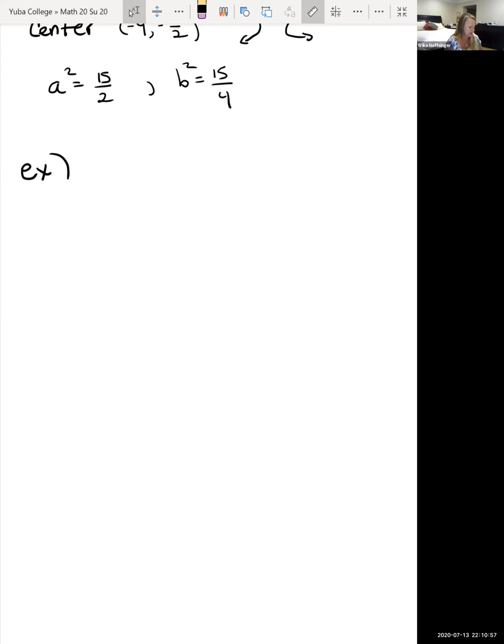So find the equation for the hyperbola described. So your center is at 1, 4. Your focus is at -2, 4. And you have a vertex at 0, 4.